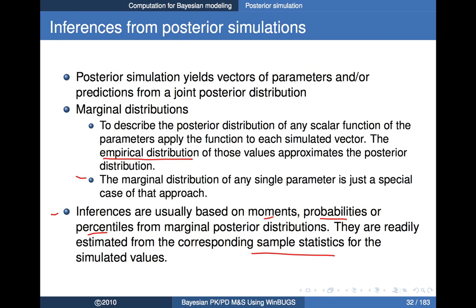And that's largely how we're going to be operating throughout the course: we're going to use a Markov chain Monte Carlo simulation technique to generate samples from our posterior distribution, and then use those samples to make inferences about the various parameters in the model, and in turn to make inferences about predicted values based upon the model.